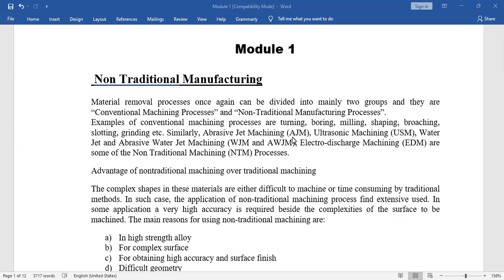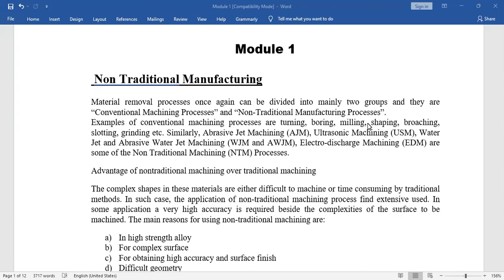For example, if you are doing any operation on the lathe, there is generally a single point cutting tool, and this cutting tool will be in contact with the workpiece for the removal of the material. Like that for broaching there is a broaching tool, and for milling there is a milling cutter.